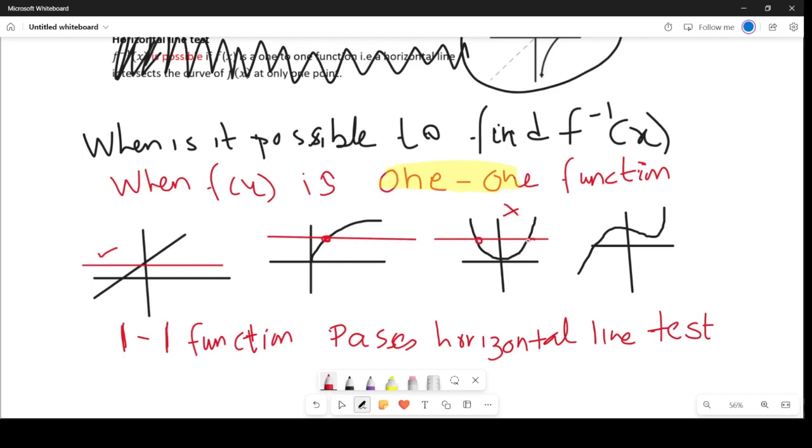So you cannot find the inverse of this function because it has failed the horizontal line test. Similarly, this one also fails the horizontal line test. It's actually intersecting the curve at 3 different points. So you cannot find the inverse of the last two functions, but you can find the inverse of the first two functions because the first two functions are one-to-one functions and the last two are not.